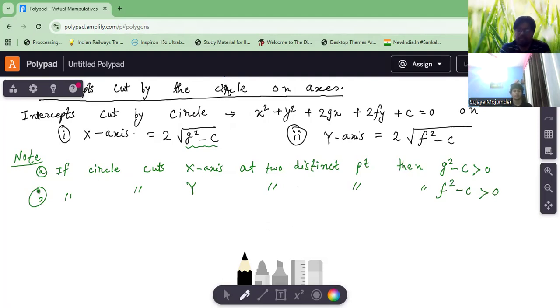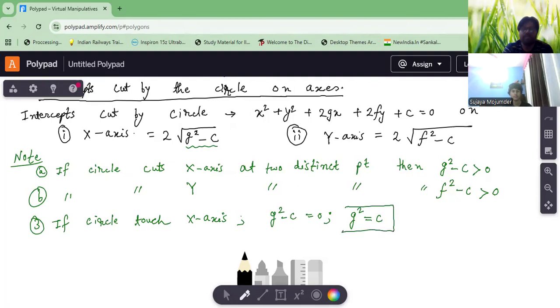Now, if the circle touches the x-axis, it means that g squared minus c is equal to 0. Understood?